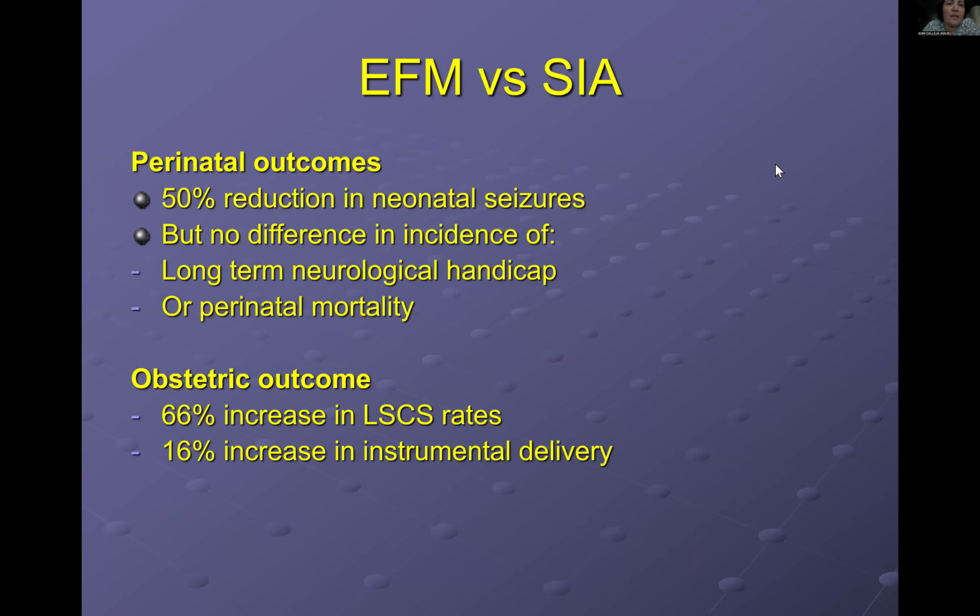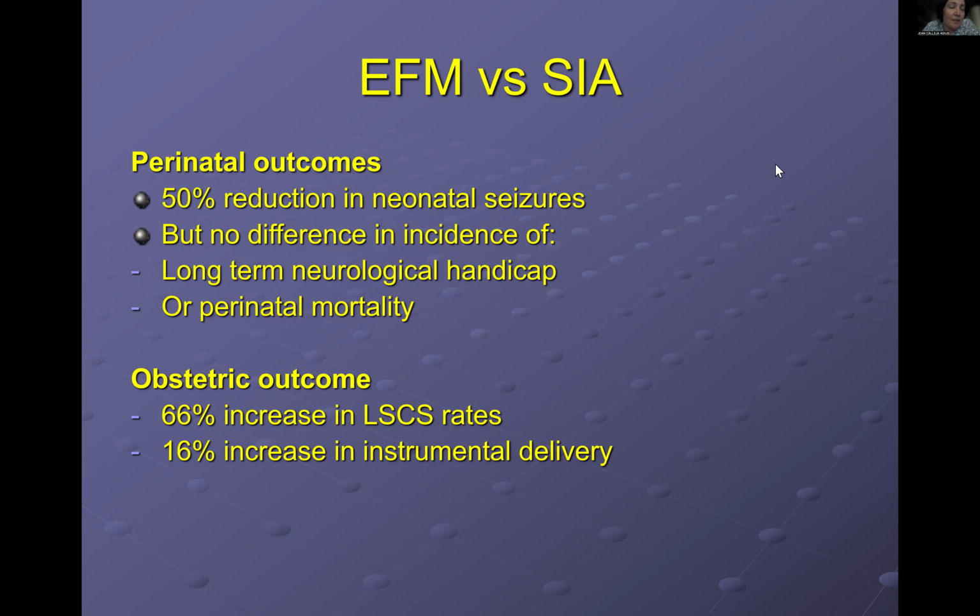A number of randomized control trials show this. In reality, monitoring during labor using electronic fetal monitoring has led to a reduction in neonatal seizures, and neonatal seizures can lead to cerebral palsy, so there has been a reduction there.